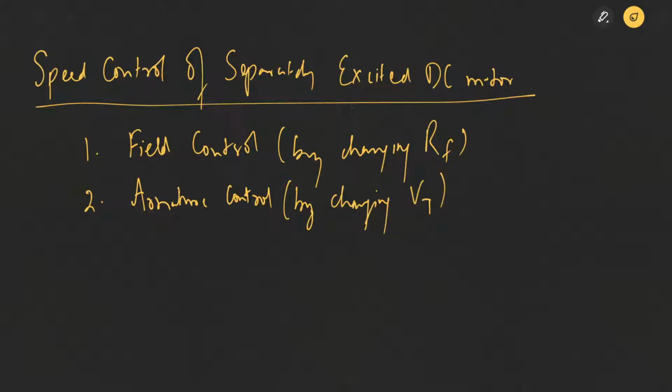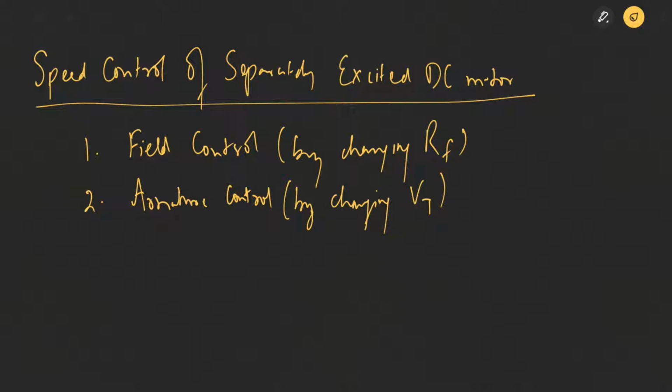So more or less, the separately excited DC motor and DC shunt motor, their terminal characteristics, that's the torque speed characteristics, are similar. Their speed control strategies will be almost similar in all the cases, with a slight difference. But there is not much difference between separately excited DC motor and shunt DC motor in terms of operation.